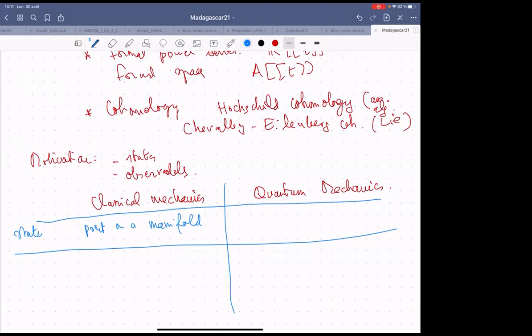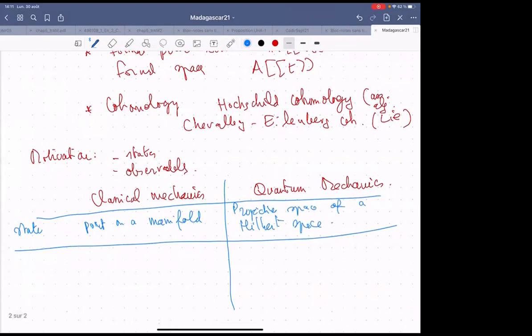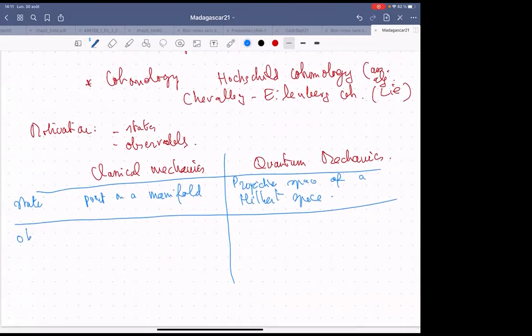This will be a projective space of a Hilbert space. Now, what about observables? Let's call this manifold M. The observables are functions for classical mechanics, in C infinity of M, which are maps from M to R.